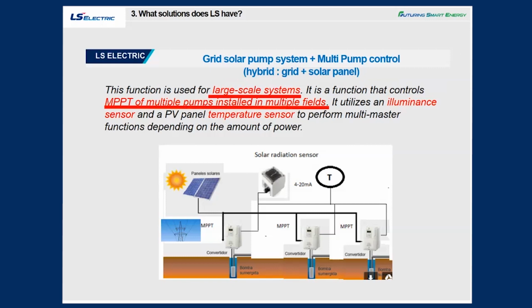Multi-master function is implemented depending on the amount of power by utilizing luminance sensor, PV panel temperature sensor, and the power is set internally by the customer's desired power setting by using the specifications of solar cell and temperature sensor. When output power reaches the customer's setting, this function performs by turning on the next pump and passing MPPT control.